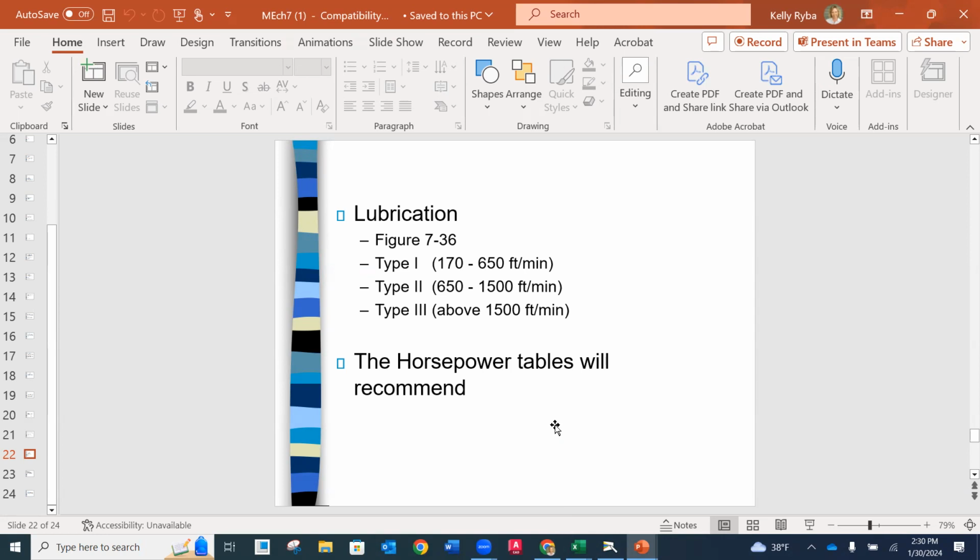The lubrication, so figure 736. I know I wouldn't have gotten that from nowhere. Hold on 1 second.